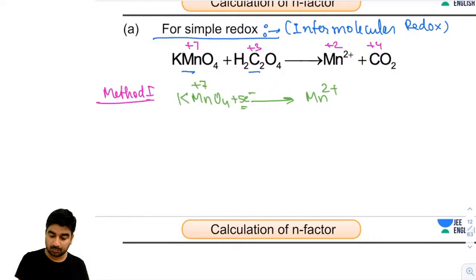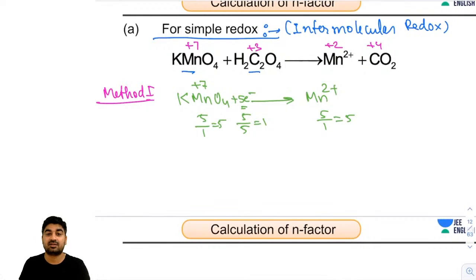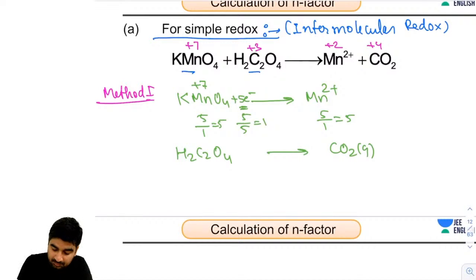Then we have method 2. But before that, 5 electrons are here. You can find the n factor. It is 5, 1 and 5. Right? And then you will write this is the reduction half. Now I will write the oxidation half. It will give you CO2 gas, +3 to +4. So just balance the carbon atoms. So they are going from +6 to +8. Now I'm taking 2 electrons.